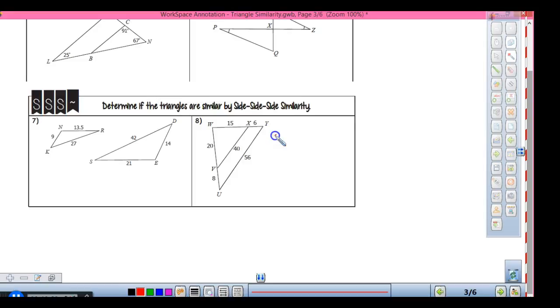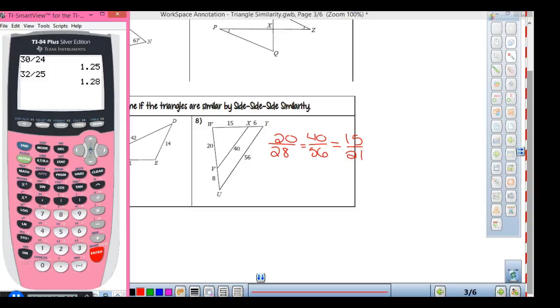So 20 would be to 28 as what? Give me some more sides. 40 is to 56 and 15 would have to be to 21.